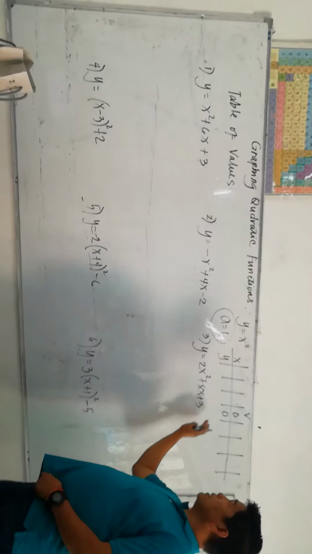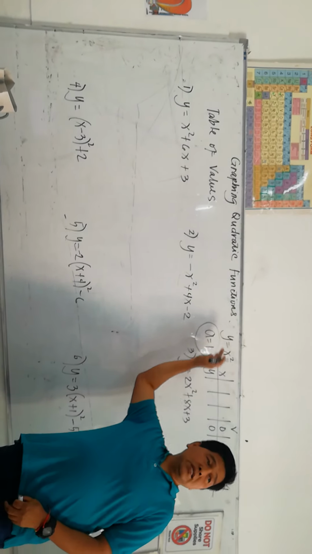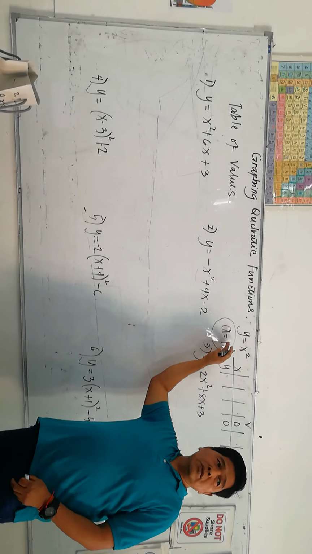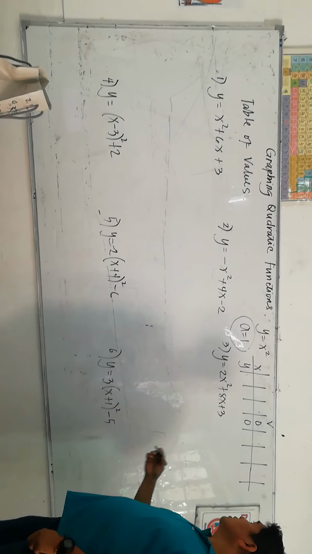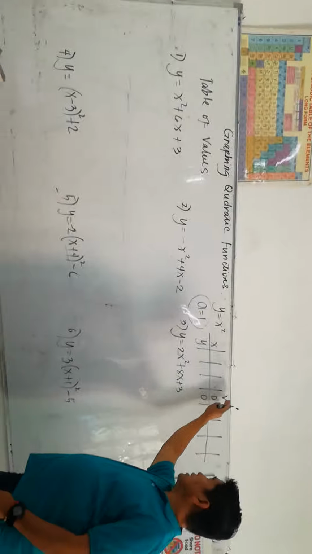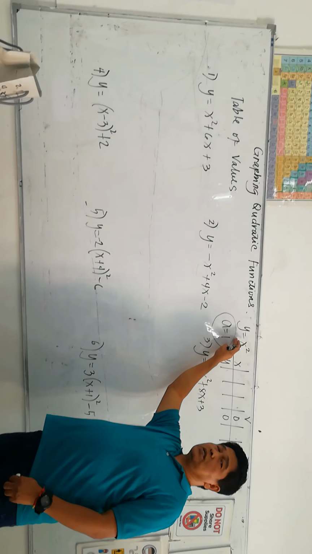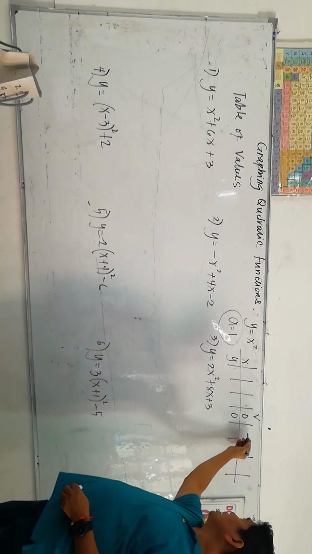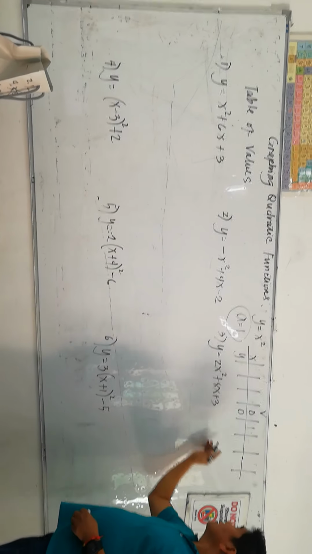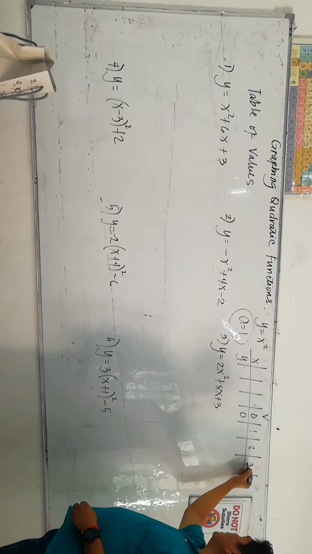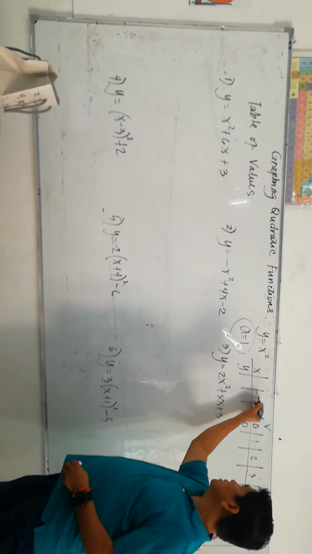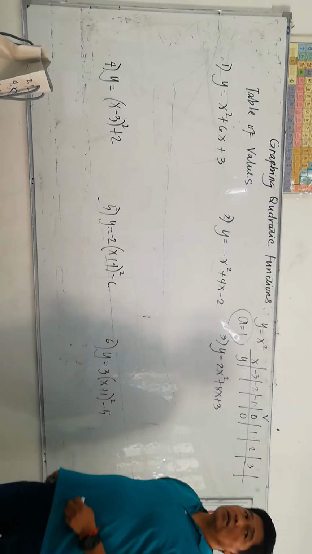Now, we will base it on the easiest quadratic function, y equal to x squared. So, you position the vertex. The vertex of y equal to x squared is automatically at 0, 0. So, when x equal to 1, 2, 3, then to the left side, negative 1, negative 2, negative 3.